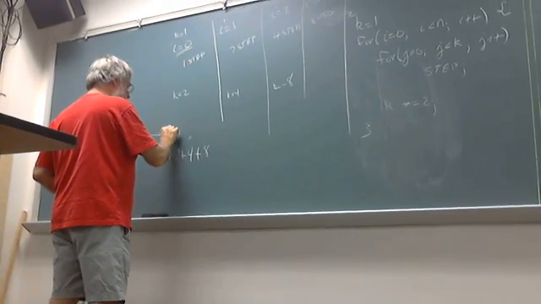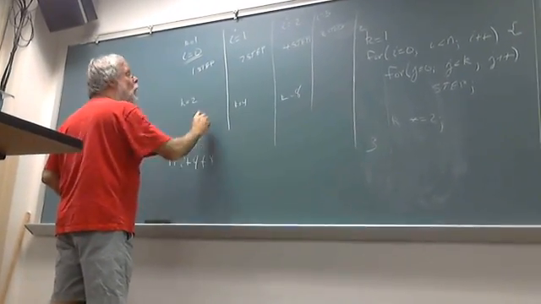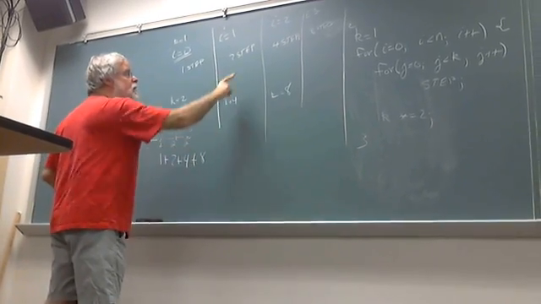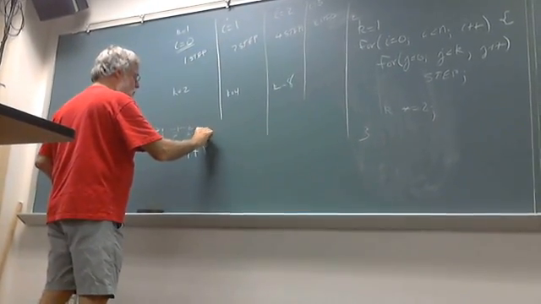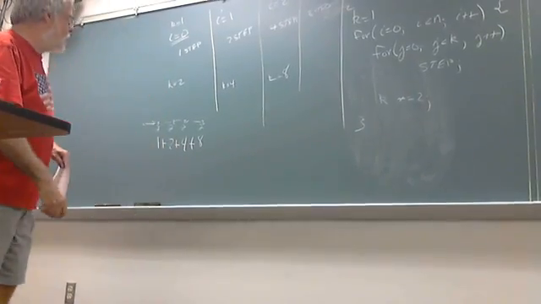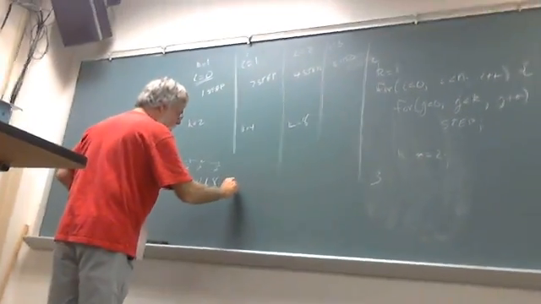When i is 2, we get 2 squared, which is 4 steps. And when i is 3, 2 cubed, that's 8 steps. So we're adding up these powers of 2.